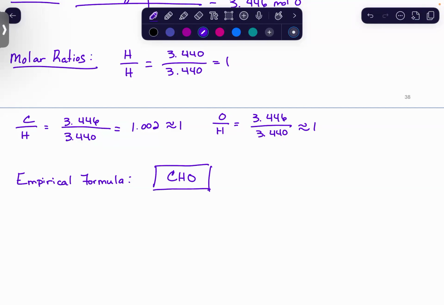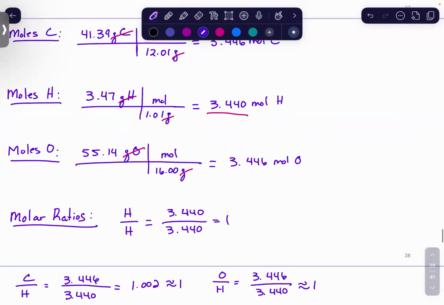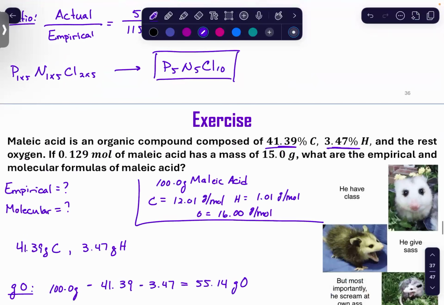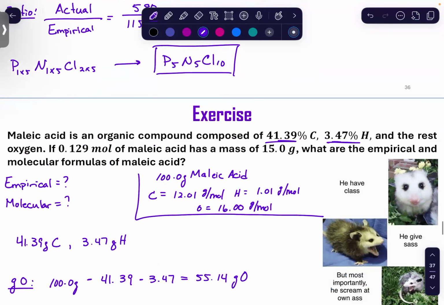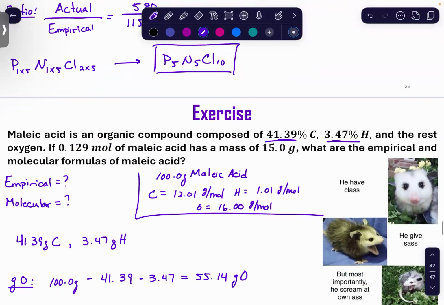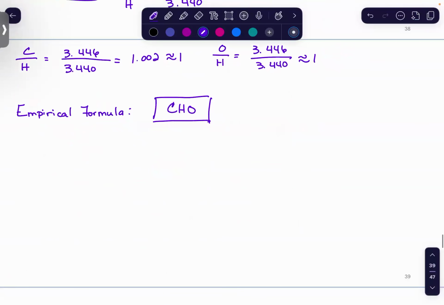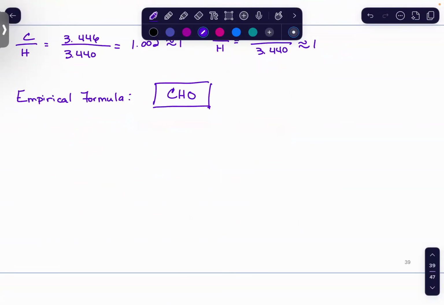Okay, so for my molecular formula, well, we need a couple of things. We need the molar mass of the actual compound, and we need the molar mass of our empirical formula.